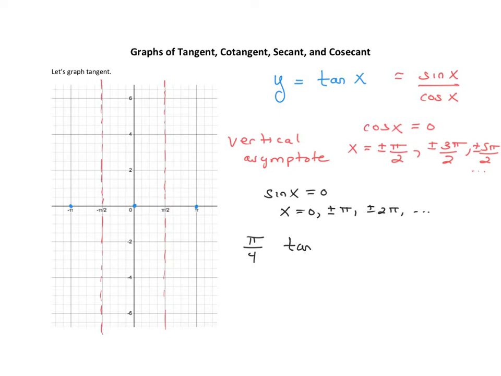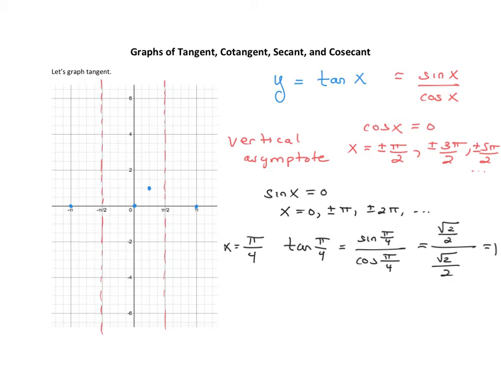Tangent of pi over 4 is the ratio of sine of pi over 4 to cosine of pi over 4. And sine and cosine at pi over 4 equal the same exact thing. It's root 2 over 2 divided by root 2 over 2, which is 1. So I know at pi over 4, tangent is equal to 1, so I get this value here.